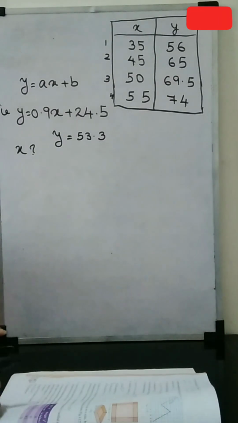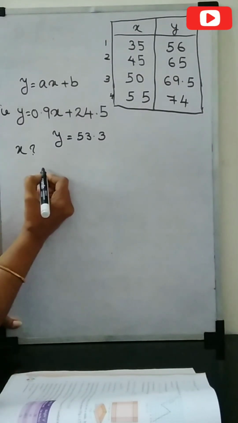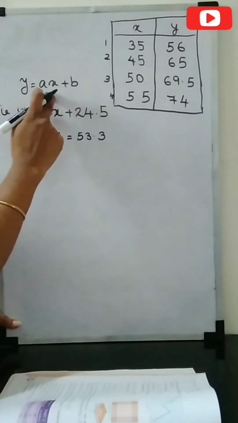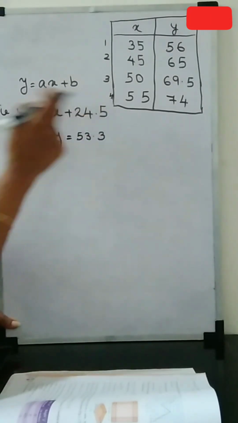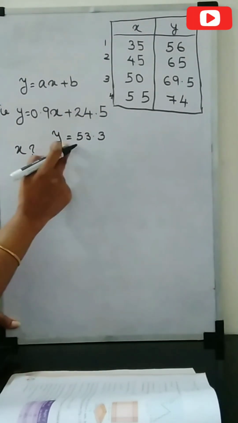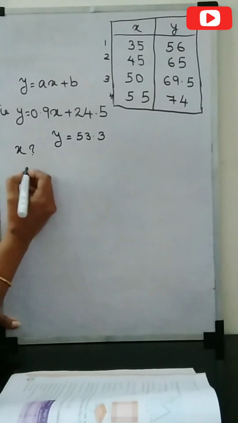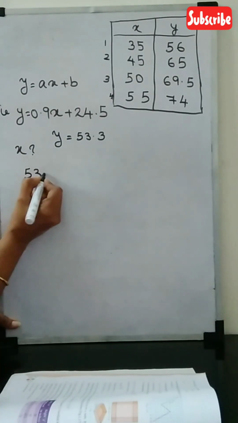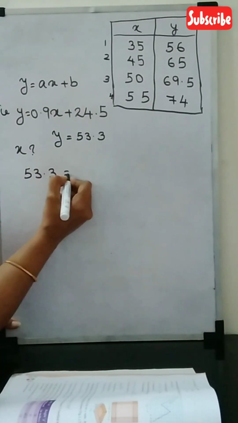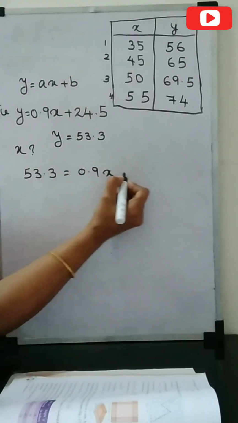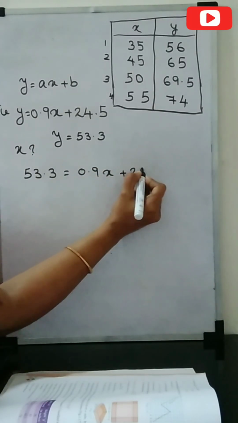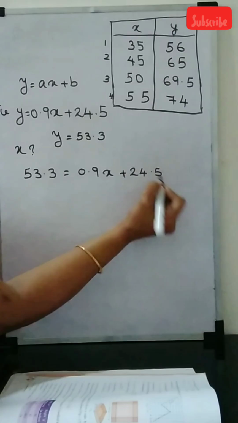Okay, so we know y is equal to ax plus b. Also we know the value of a and b, that is 0.9 and 24.5. Here the value of y is given, that is 53.3 is equal to 0.9x plus 24.5.